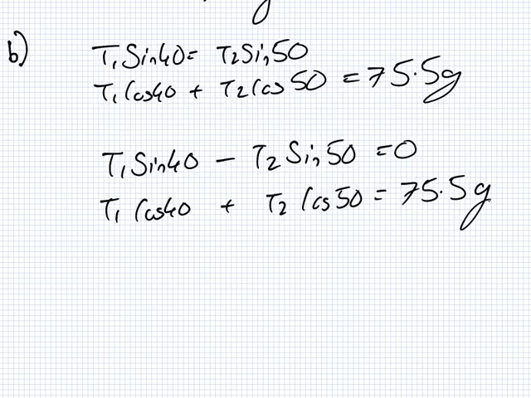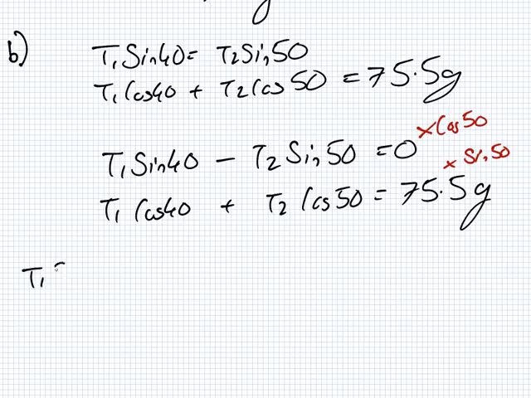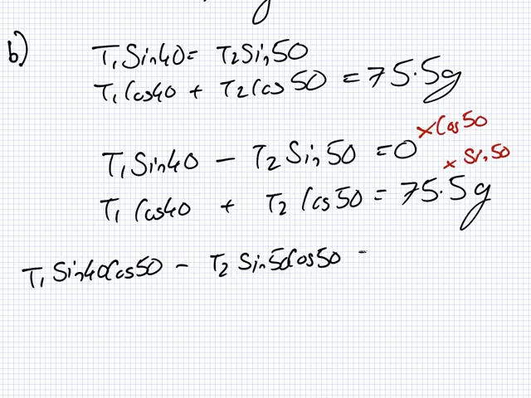I want to solve this nicely. To keep it neat, I'll multiply this by cos 50 and this by sine 50, because then I'll get T1 sine 40 cos 50 minus T2 sine 50 cos 50 equals 0.